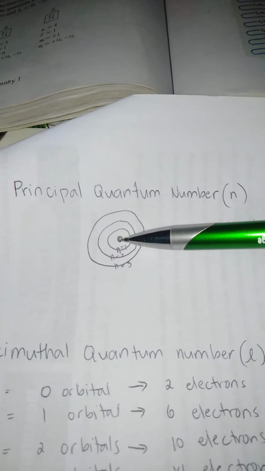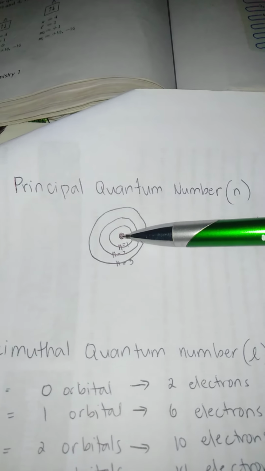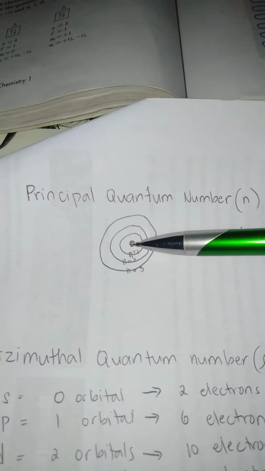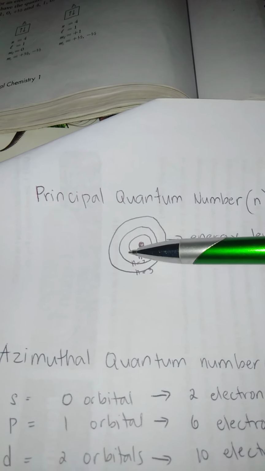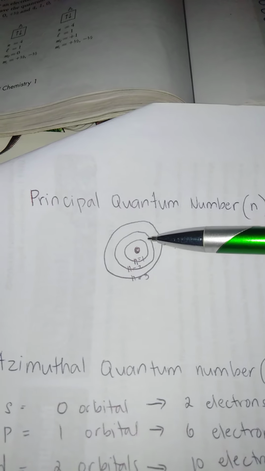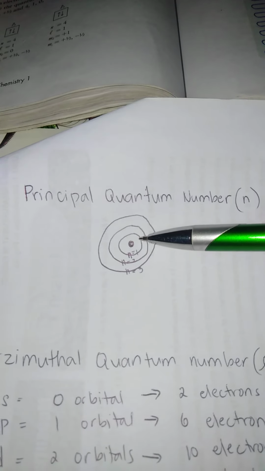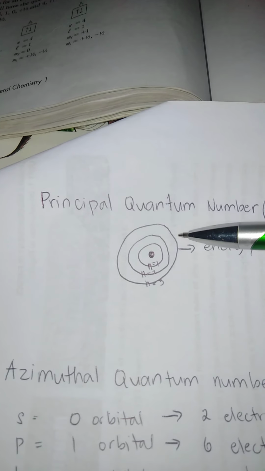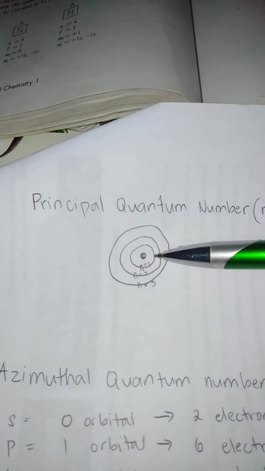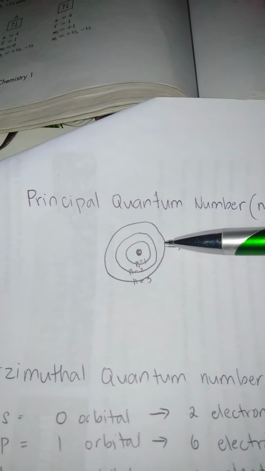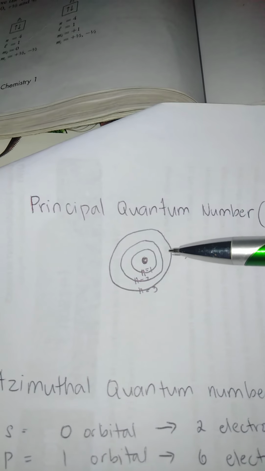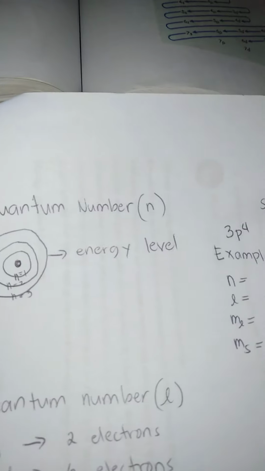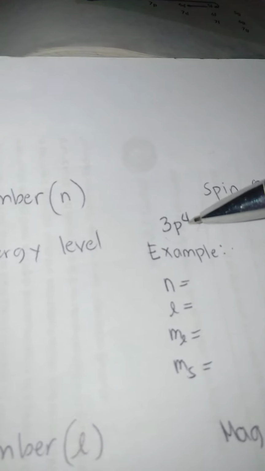The nucleus is at the center of the atom, and around it are the electrons surrounding it. And we have three energy levels: the first one, the second, and the third. So where can you find the principal quantum number in 3p4?